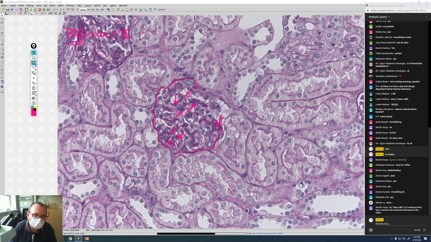You can see similar but thinner basement membranes around all tubules. You can see thinner basement membranes, for example, around this proximal tubule. Of course, in this staining we don't see eosinophilia because eosin isn't used here, but hematoxylin is, so we can see nuclei.